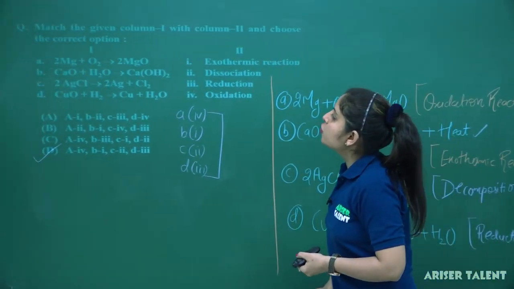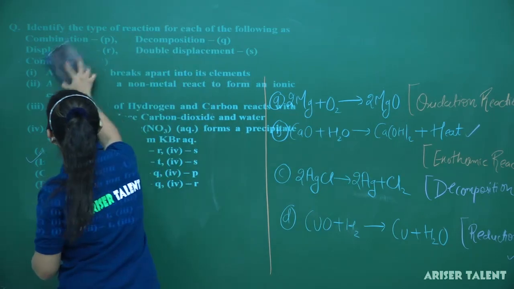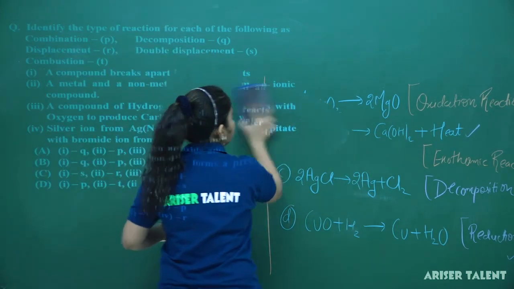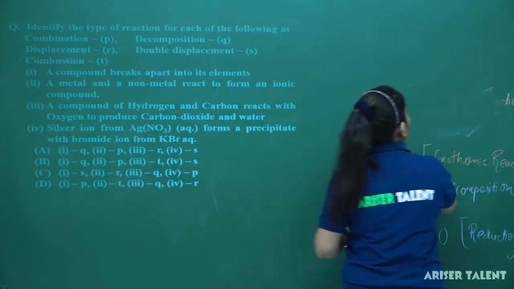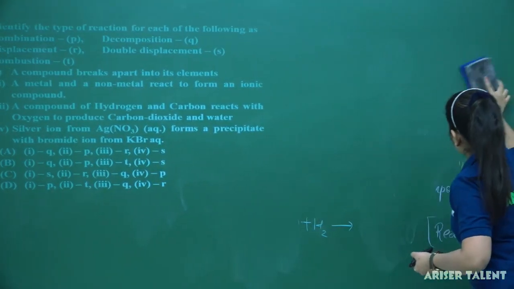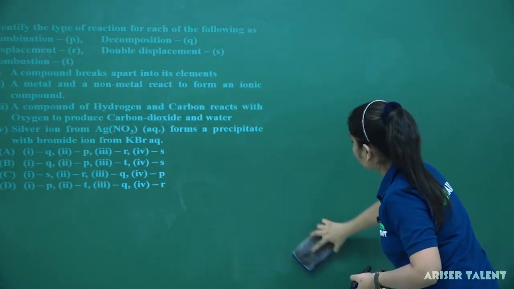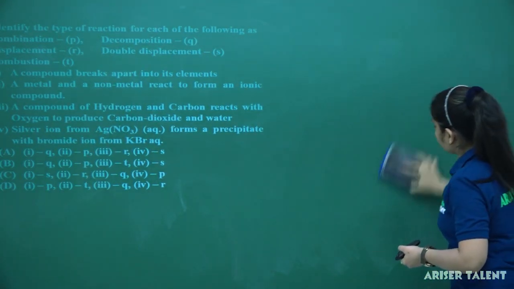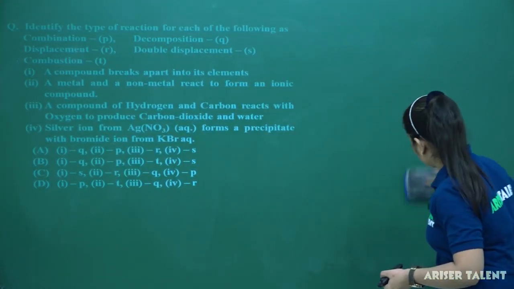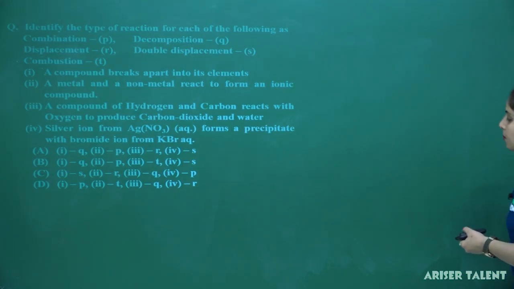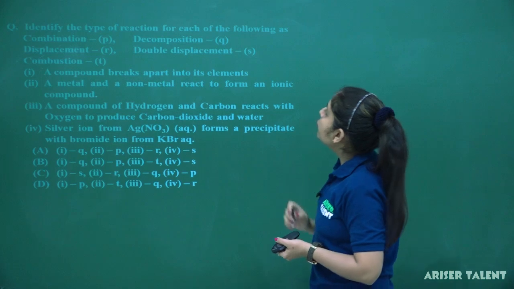Now we are on our next question. Identify the type of the reaction in the following cases. So first is a compound breaking into the elements.